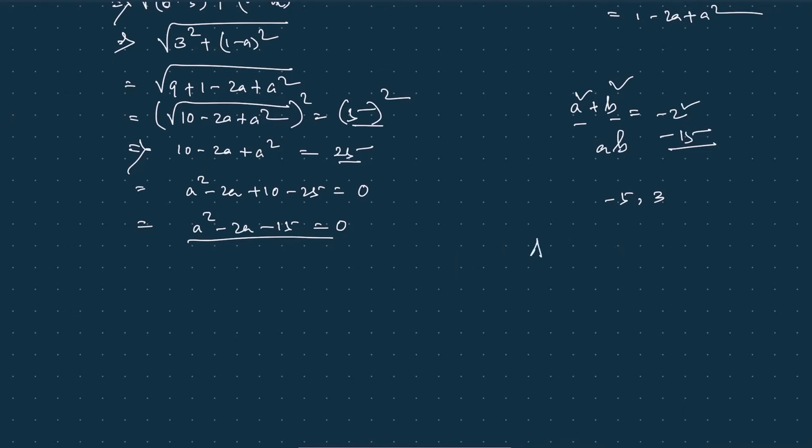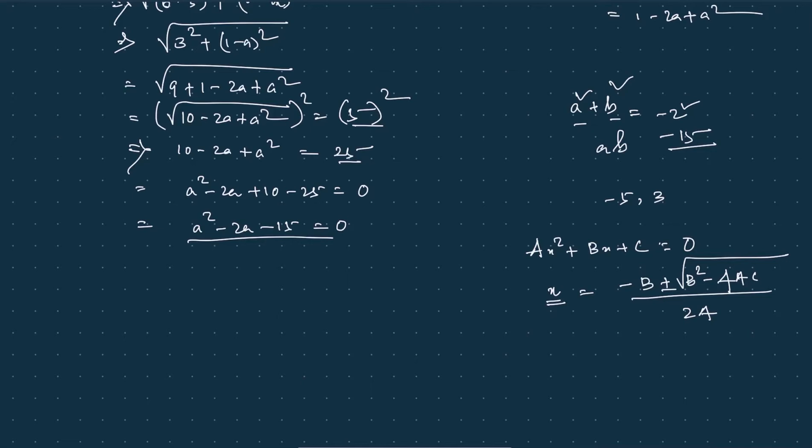Quadratic equation means ax square plus bx plus c. Then the solution is x equal to minus b plus or minus the square root of (b square minus 4 into a into c), divided by 2 into a. Okay. This is the solution.